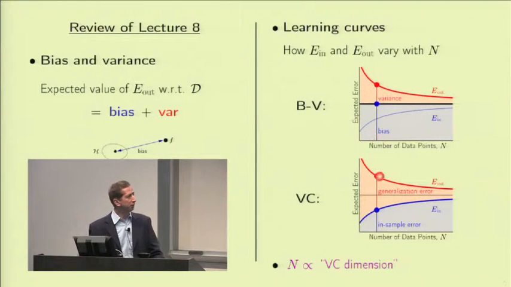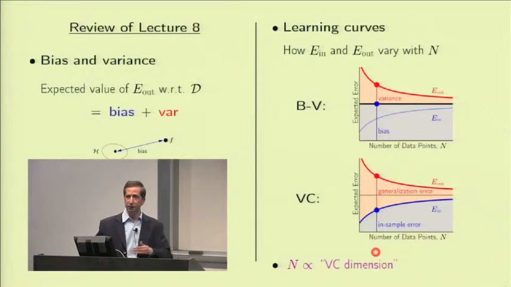The final lesson from the theory, which is really what we are going to carry out through the techniques, which start today until the end of the course, is that the number of examples needed to achieve a certain performance is proportional to the VC dimension. And I'm putting it between quotes because we defined it formally only for classification.